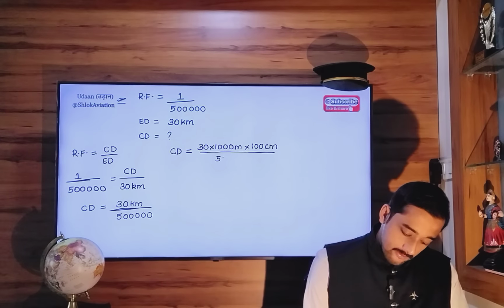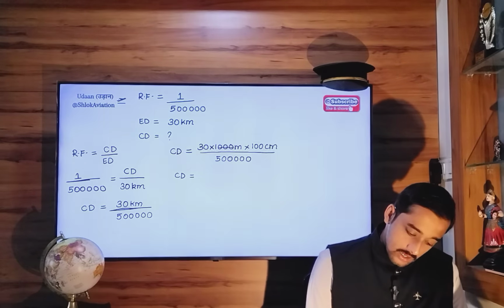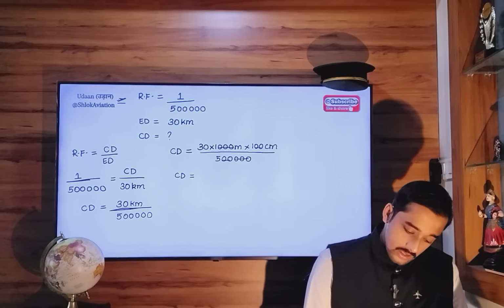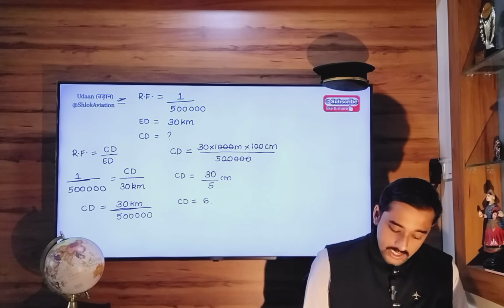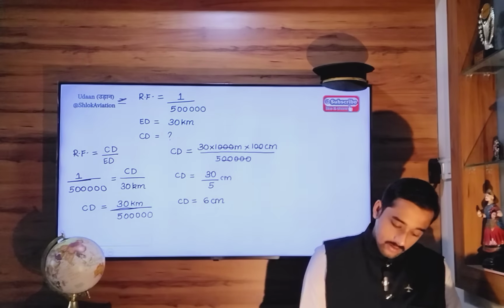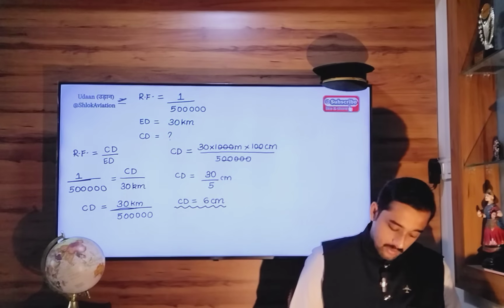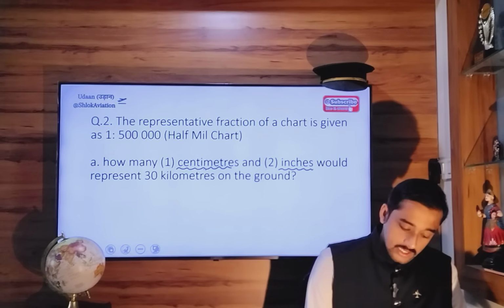The denominator remains the same, 5 lakhs. So chart distance will be equal to 30 divided by 5 centimeter, that is equal to 6 centimeter. Okay, very simple. Chart distance is 6 centimeter. So the answer to this sub question is 6 centimeter.